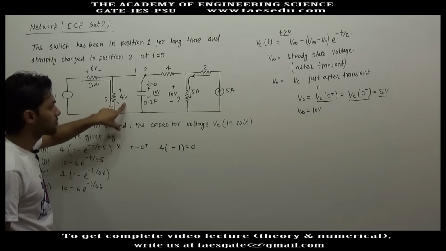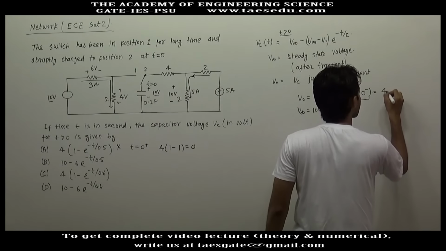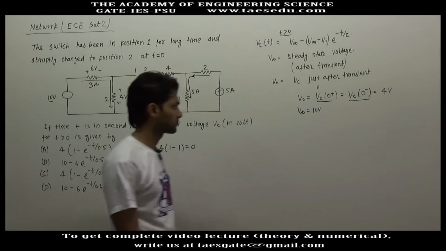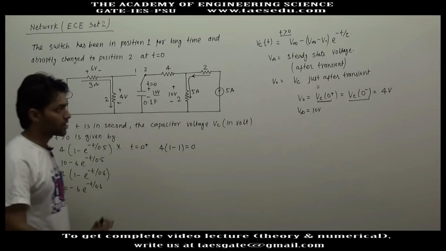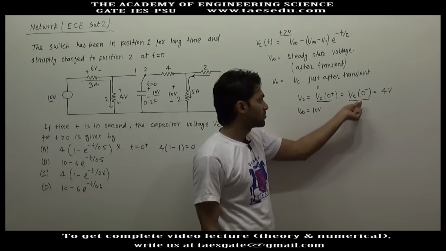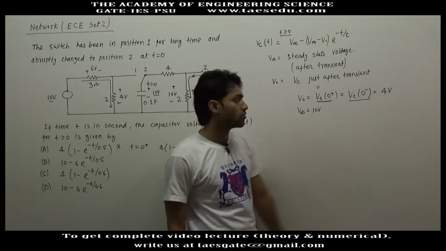So instead of 5 volt we will have 4 volt here. Just before the transient and just after the transient, the capacitor voltage will be 4 volt.